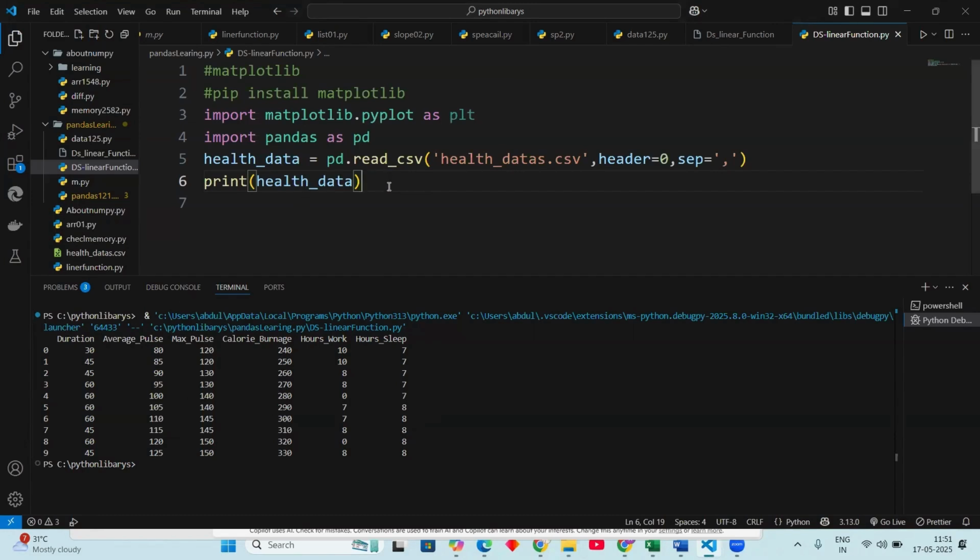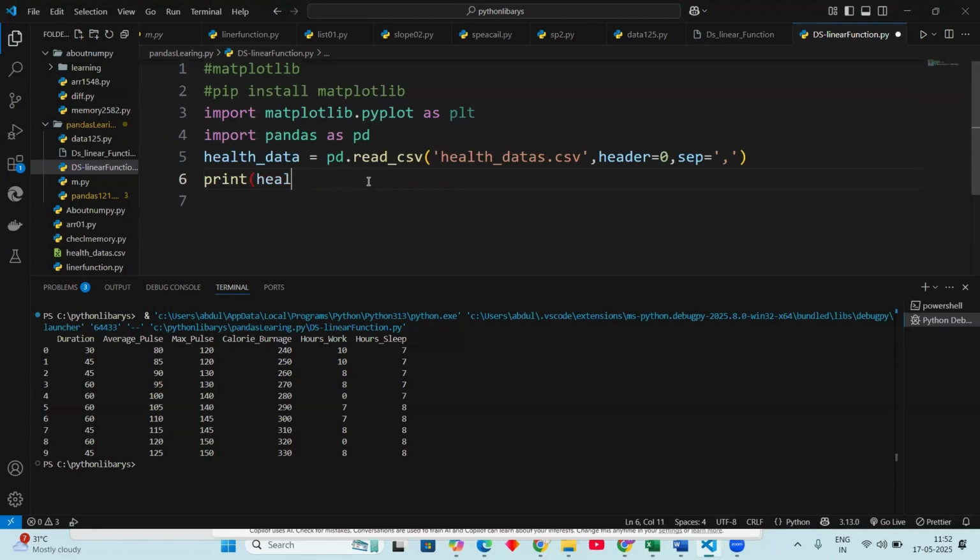Okay, now we are doing prediction with average pulse and calories burnage. Instead of the slope, how much if the average pulse is 80, directly connected to 240, right? I'll show it in a graph.